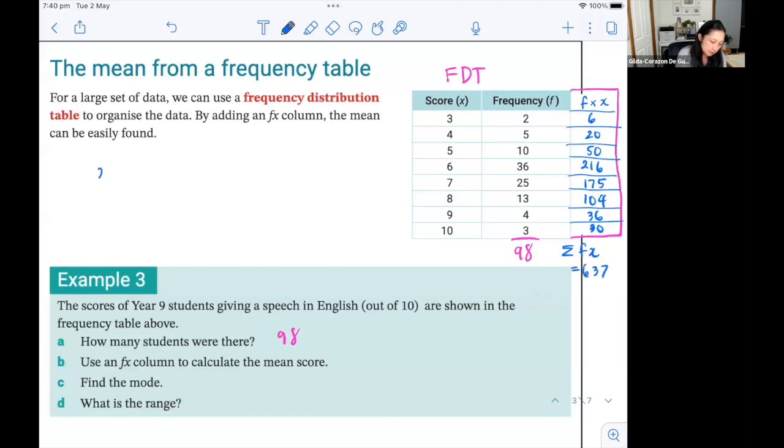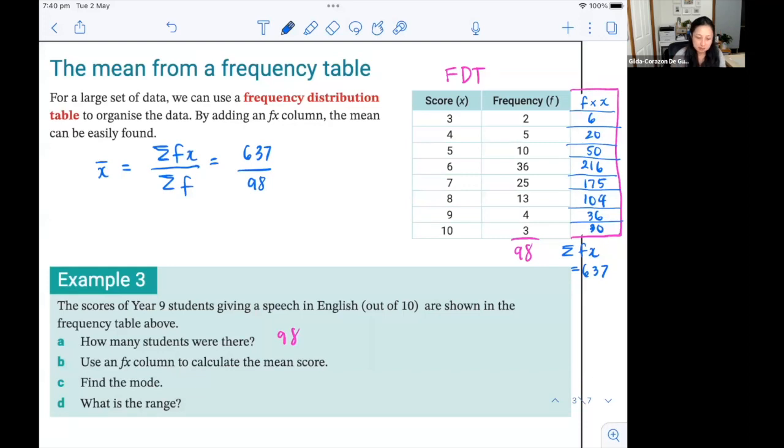So for us to figure out the mean from a frequency table or frequency distribution table, this time we want the sum of fx divided by the sum of f, okay? So that in our problem here, that's 637 divided by 98.